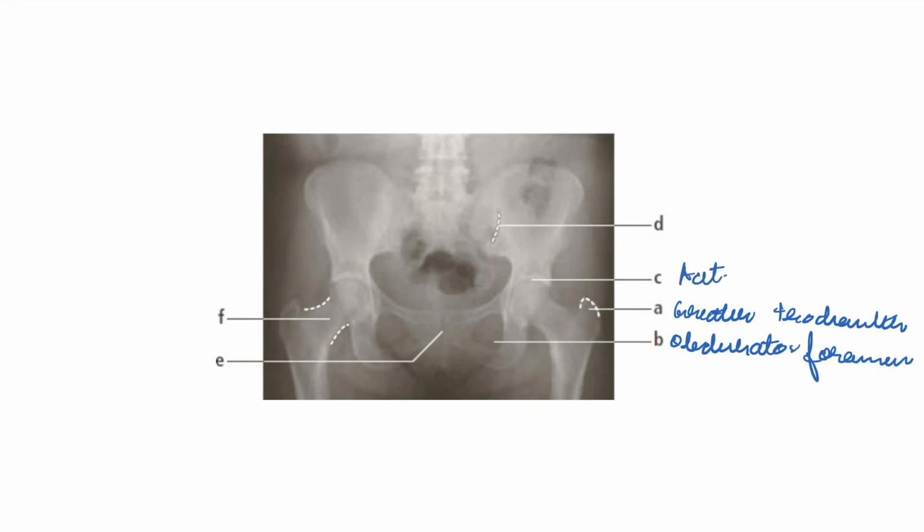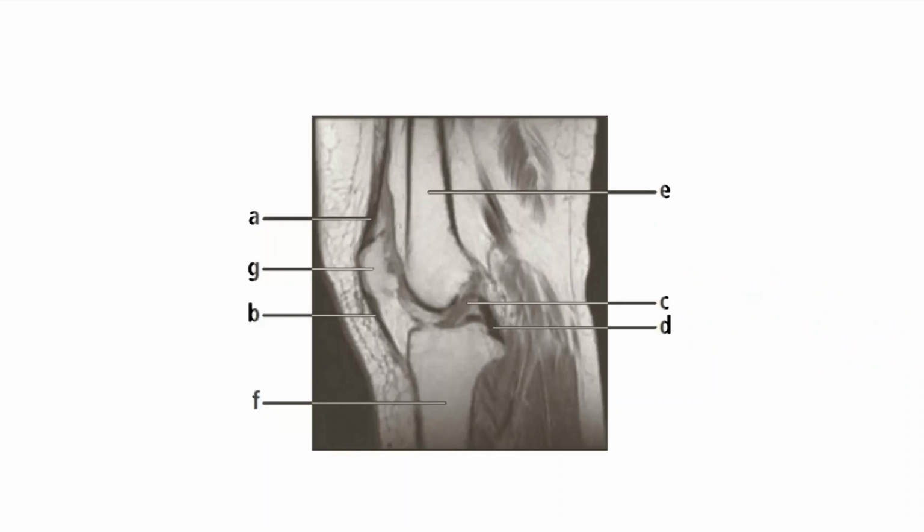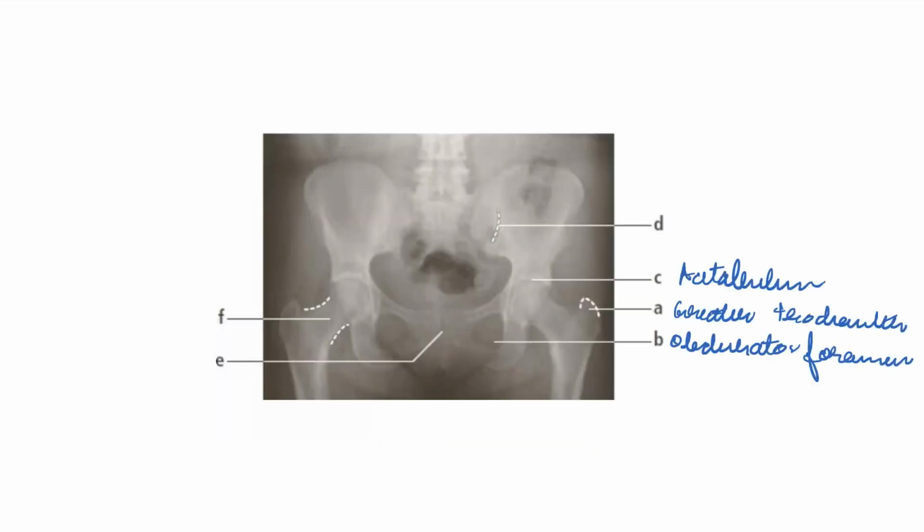C is acetabulum. D is sacroiliac joint. E is symphysis pubis. F is femoral neck.